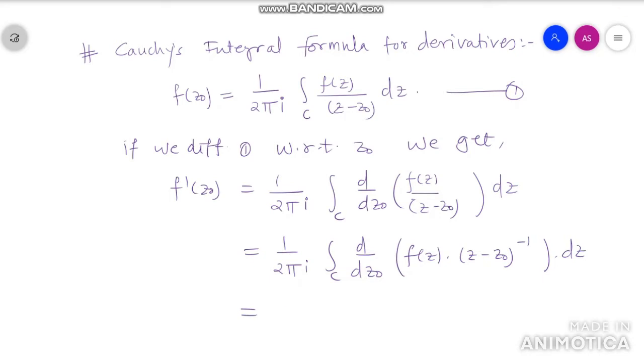Here f of z is independent of z0, hence it is a constant with respect to z0, so there is no change in it. Now the derivative of this bracket is minus 1 into z minus z0 raised to minus 2 into the derivative of this bracket with respect to z0, which is minus 1, into dz. Do you understand?